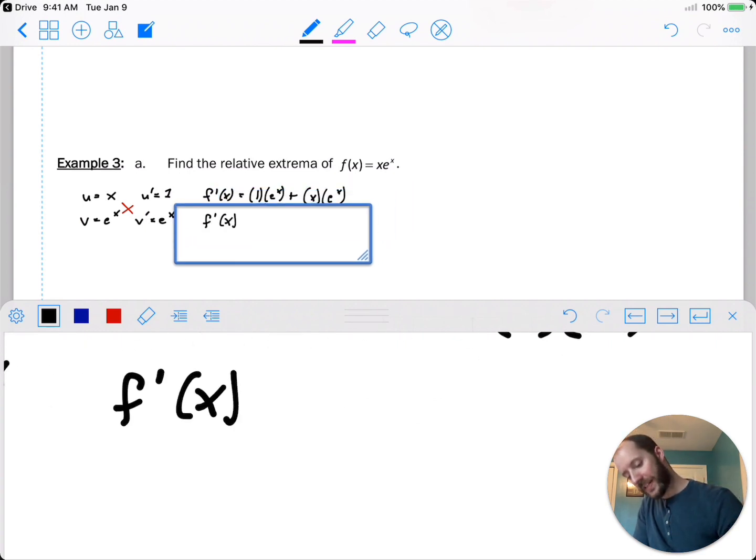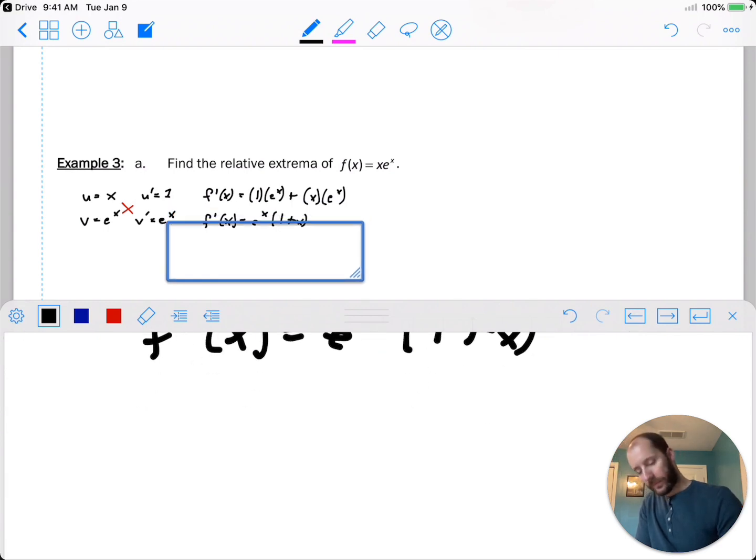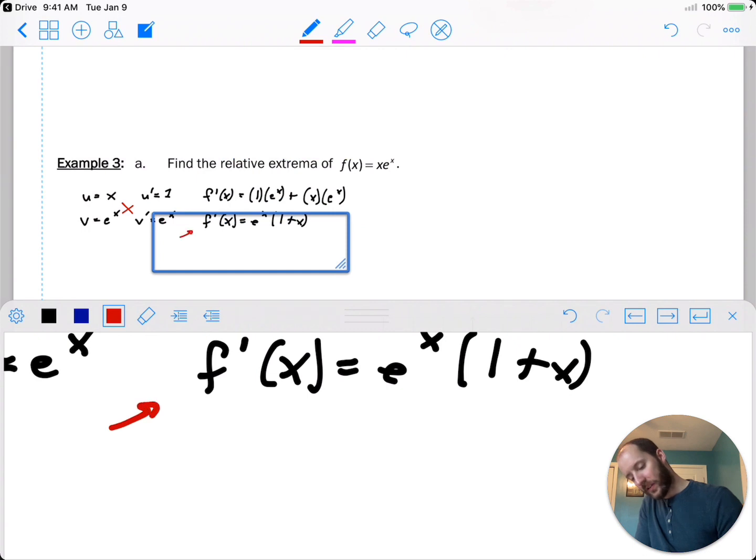So before we set this equal to 0, let's pull out an e to the x. 1 plus x. So right here, in case you're wondering, I'll write it down, did kind of a greatest common factor.